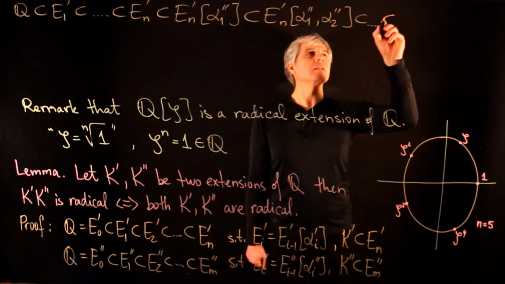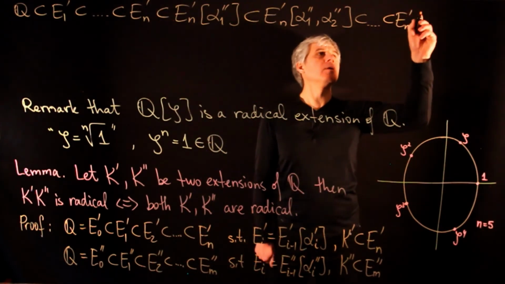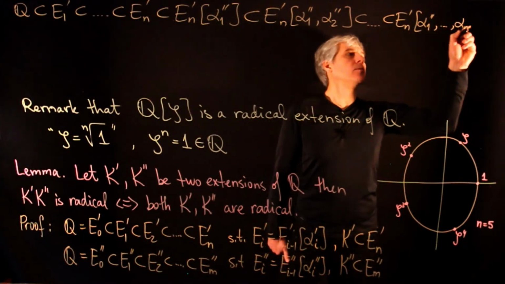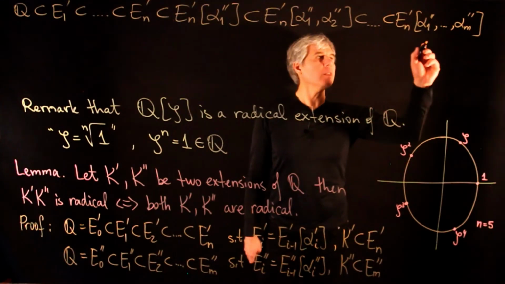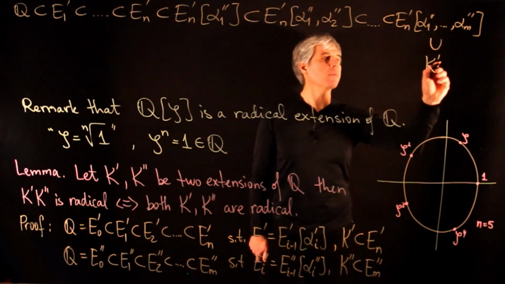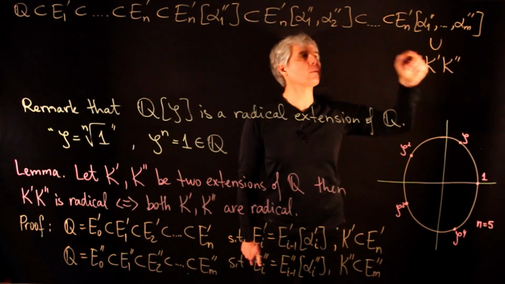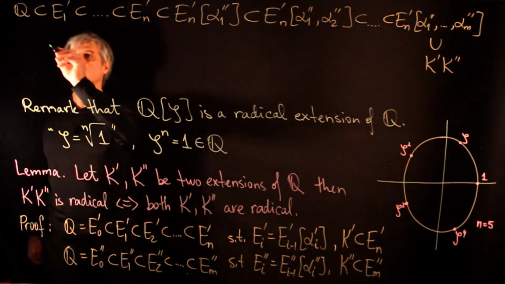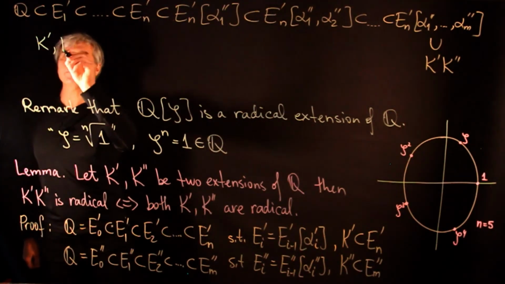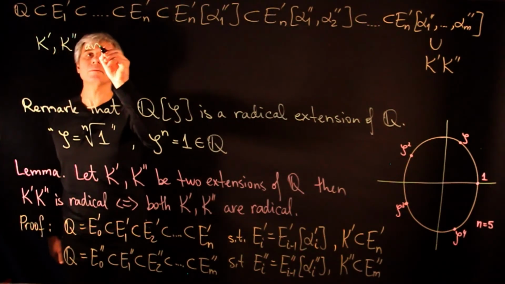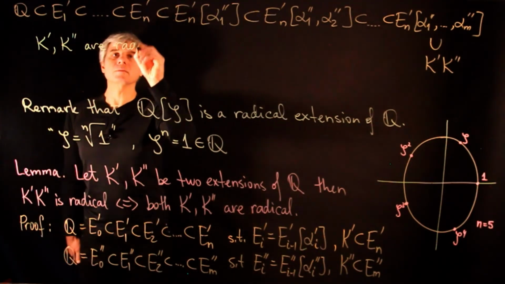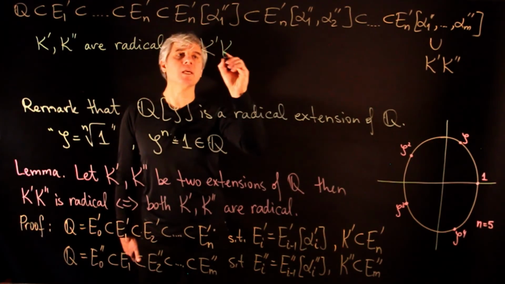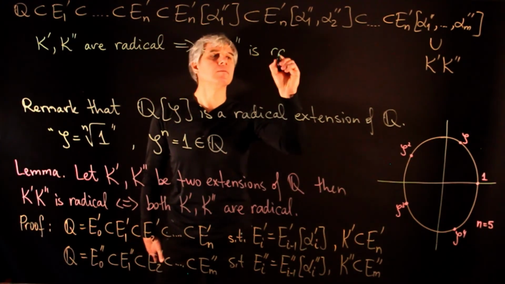And so on until we come to En prime adjoined all alphas double prime. And then we will have that the product K prime K double prime is a subfield in this last field in this chain. So we get the following claim, that if K prime and K double prime are radical, then their product K prime times K double prime is also radical.